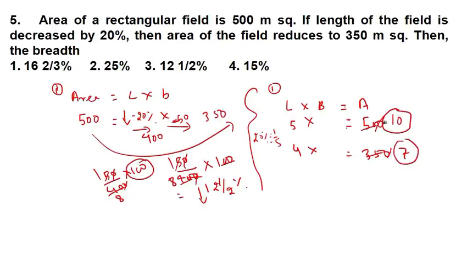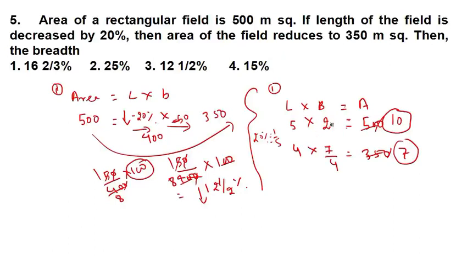So how your area will become 10? Just use your common sense. If you multiply this 5 with 2, then your area will become 10. And here if you multiply by 7 by 4, your area will become 7. Fine. So now what you have to do? It is asking what will be the change in breadth.